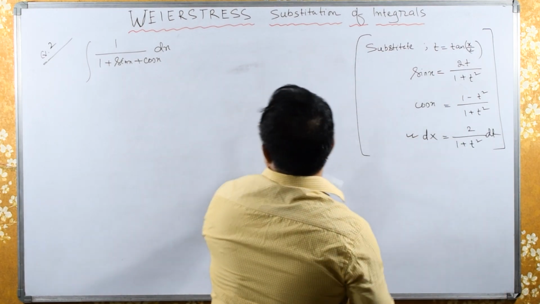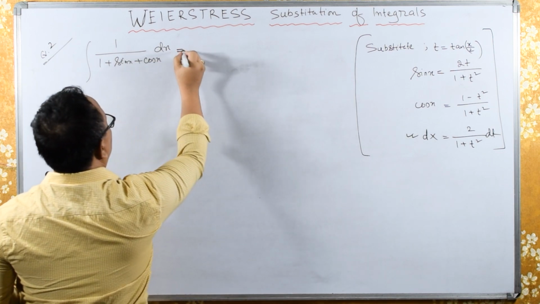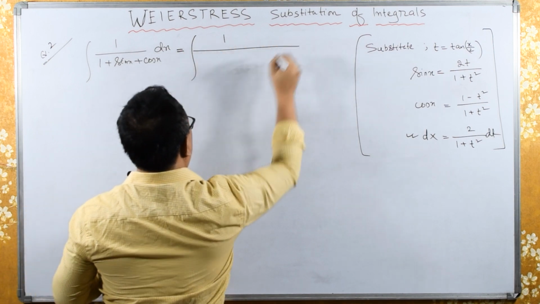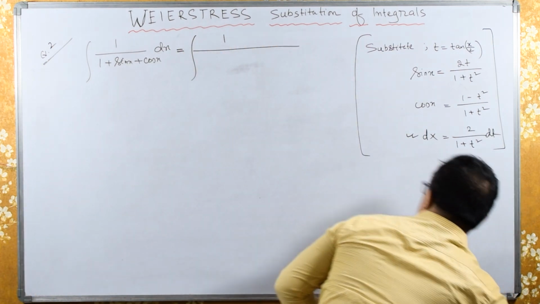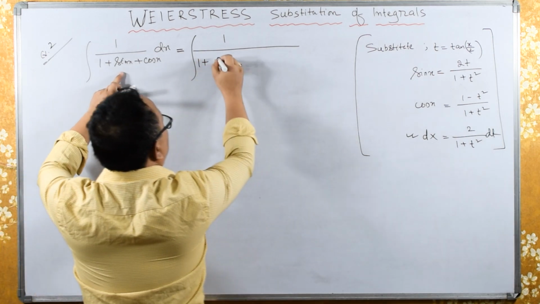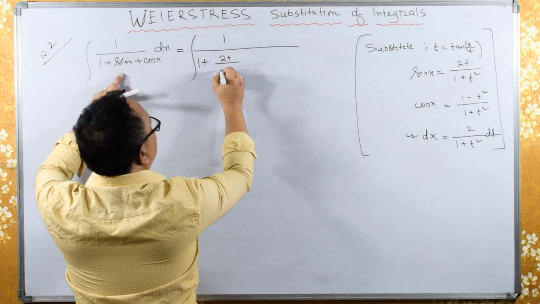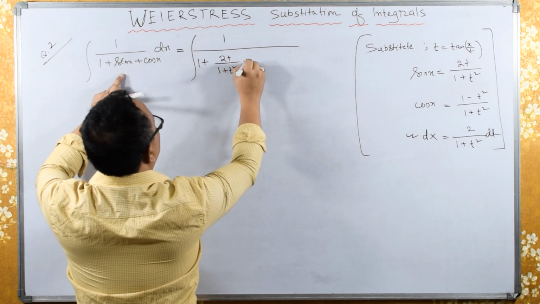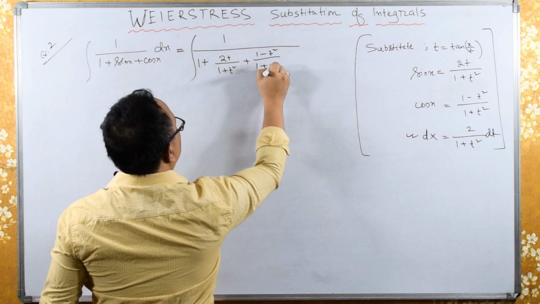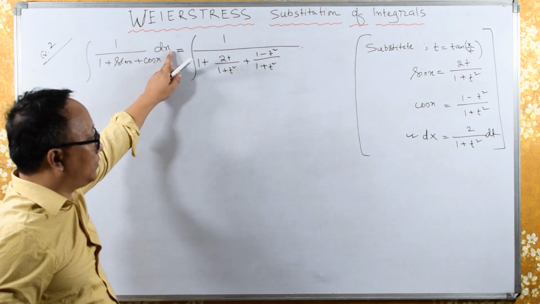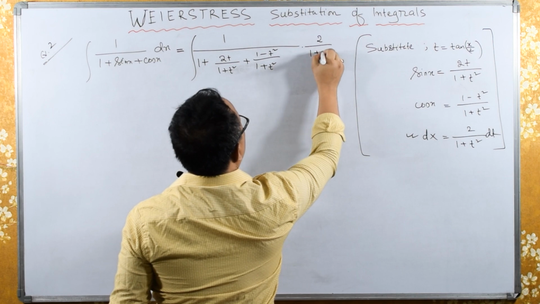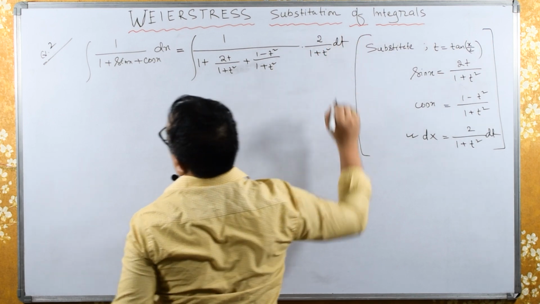By substituting this, we have the integral 1 upon 1 plus sin x, which is 2t upon 1 plus t square, plus cos x, which is 1 minus t square upon 1 plus t square, and dx is what? 2 upon 1 plus t square dt.